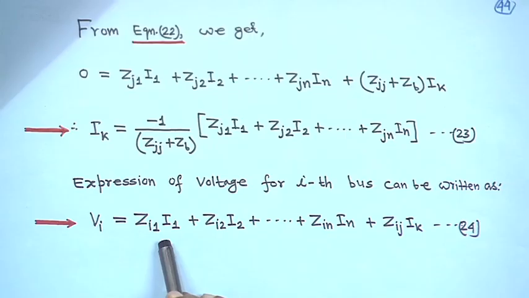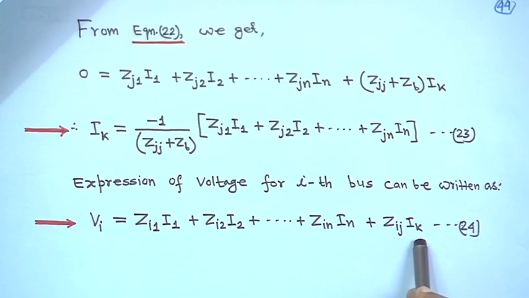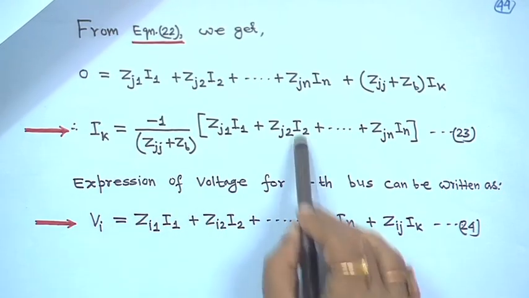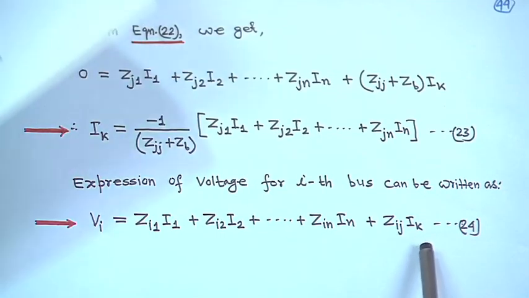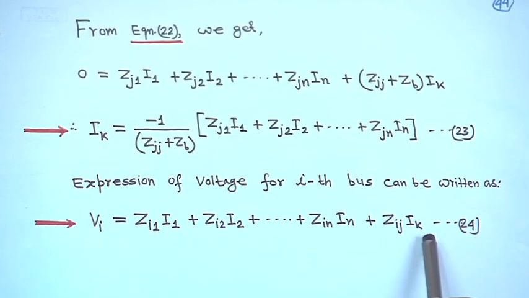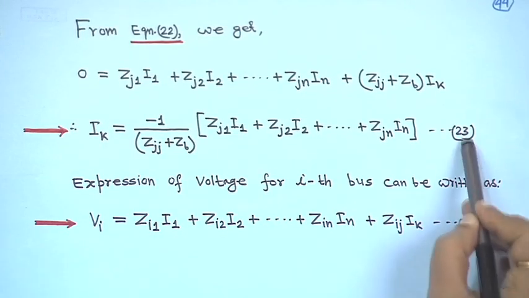The expression of voltage for the ith bus can be written as Vi equal to Zi1 I1 plus Zi2 I2 up to Zij Ik, right. In this expression you substitute Ik from equations 24 and 23.